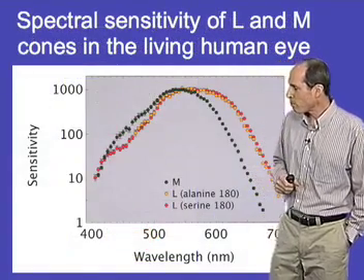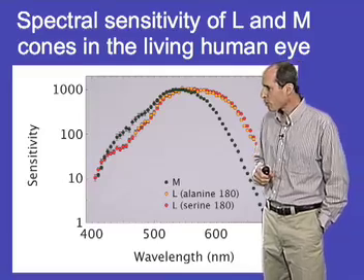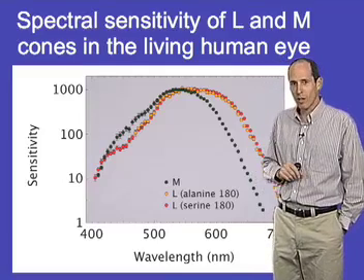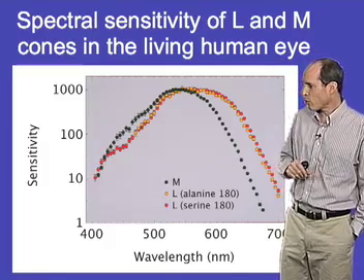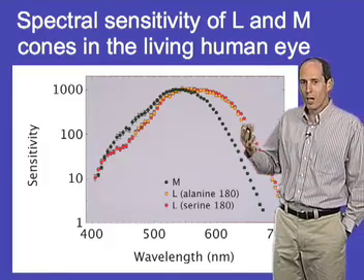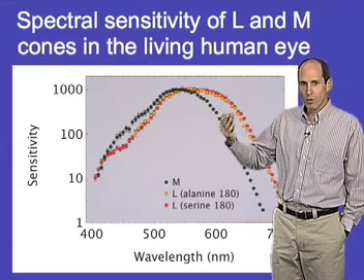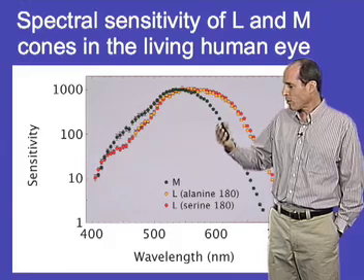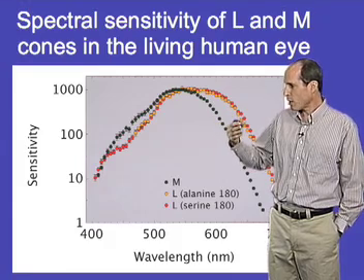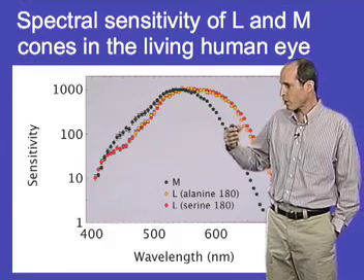This is determined by a method called flicker photometry. It's a completely safe and non-invasive method. The individual views a screen on which is alternating about 20 times per second a standard light, a light of a standard wavelength, say 600 nanometers. And with it, in alternation, is a test light whose wavelength is variable.